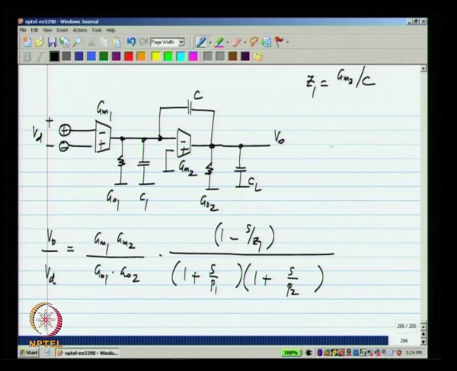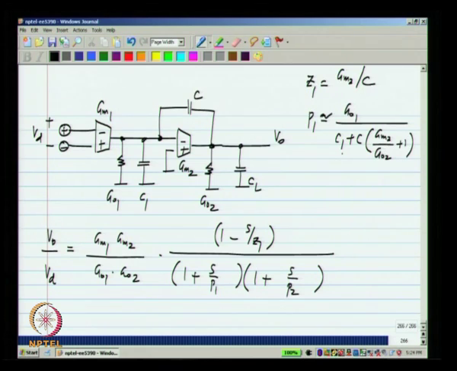And the 0 Z1 is at GM2 by C, pole P1 is at approximately GO1 by C1 plus C times GM2 by GO2 plus 1.